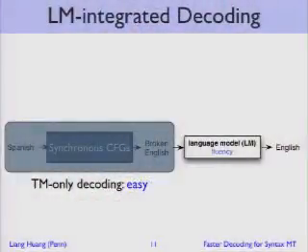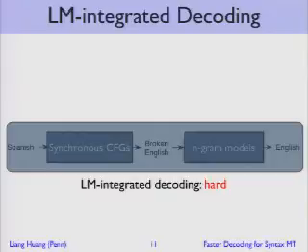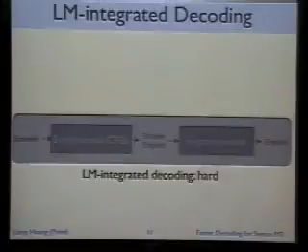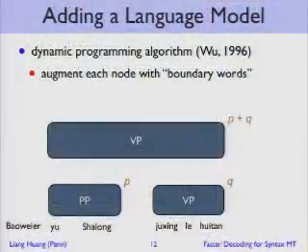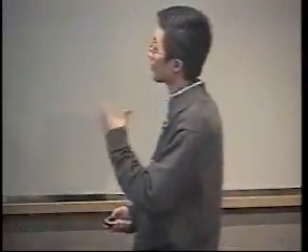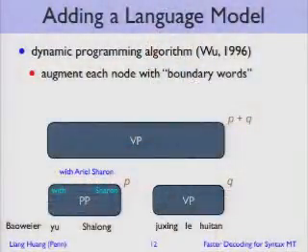Is that clear? Okay. So we already know that this is easy. But when you have an n-gram model for the language model, and combine them in one shot, language model integrated decoding, I said it's hard, and we're going to see why it's hard. So this is just like before. We have PP and VP, and now to do language model integration, you have to augment the state of these nodes by the two boundary words in the English translation.